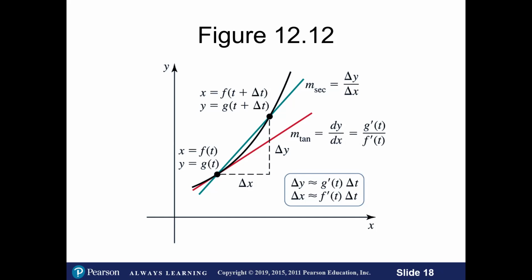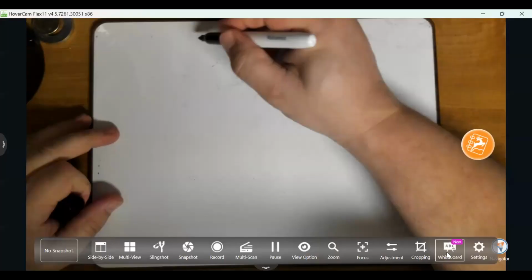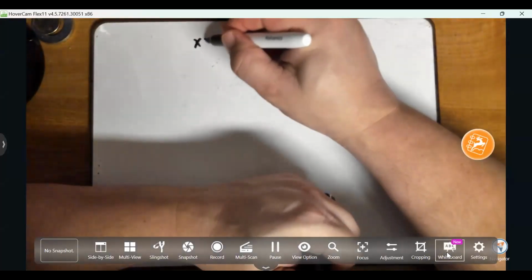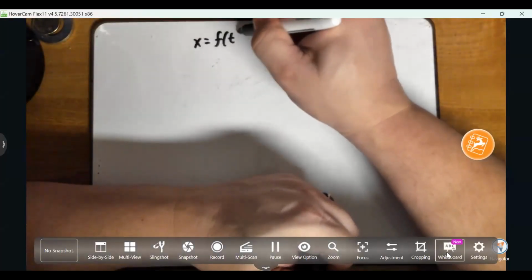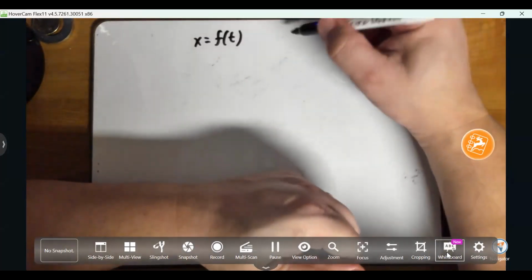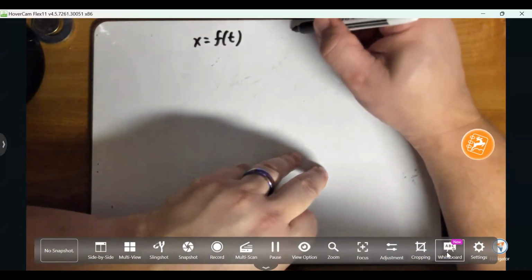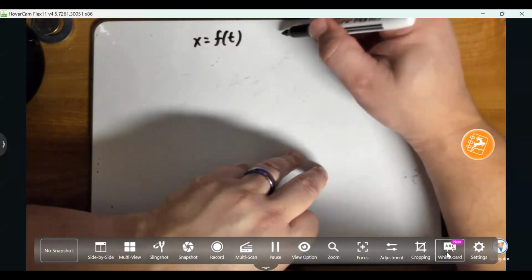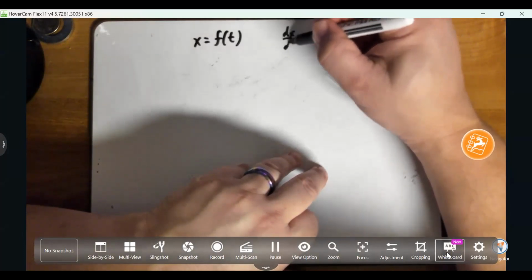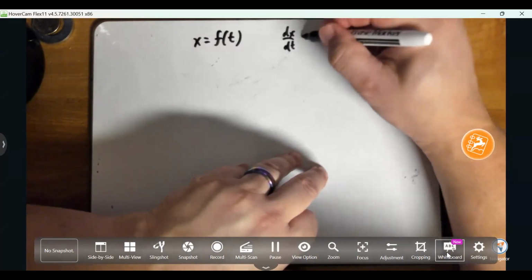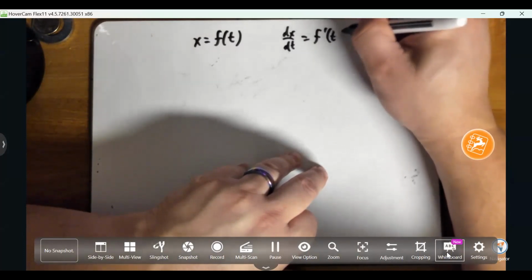You can also look at it another way, just to help remember it. So we have x equals f of t. And if I want to find the derivative of x, dx by dt, that's f prime of t.